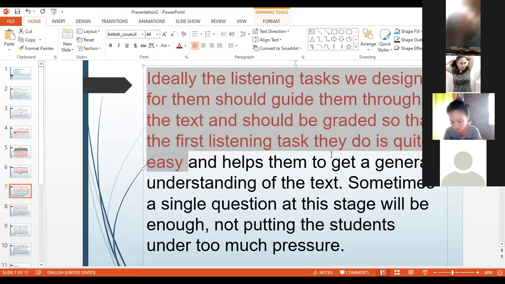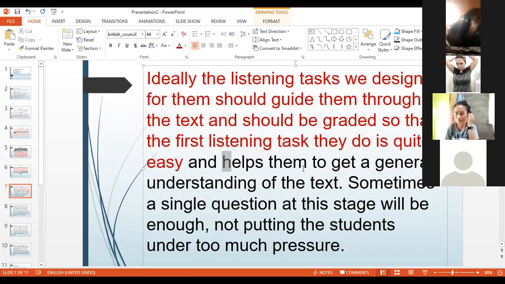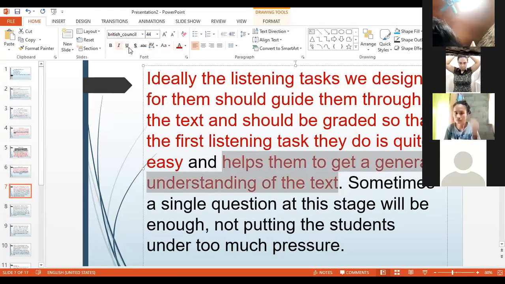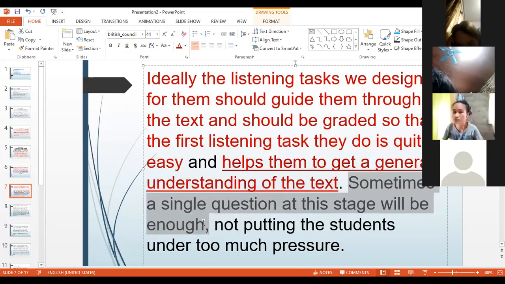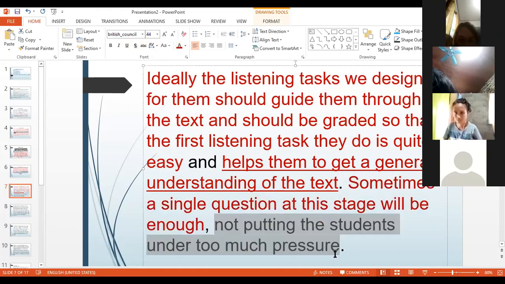Designed very well so that we could help our student. Bakit natin tutulungan? It generally helps them to what? Understand the text that is being said. Sometimes what? A single question is enough. Single question lang. Not putting students enough pressure.